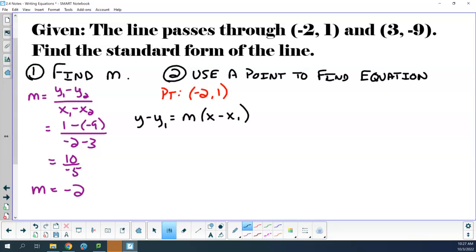My slope is now -2, so that's going to be y minus 1 equals -2 times the quantity x minus -2.